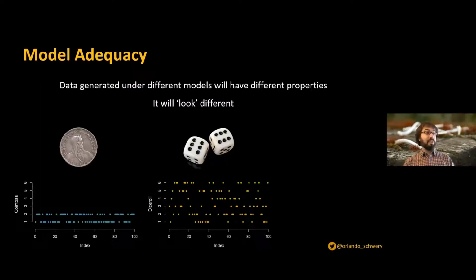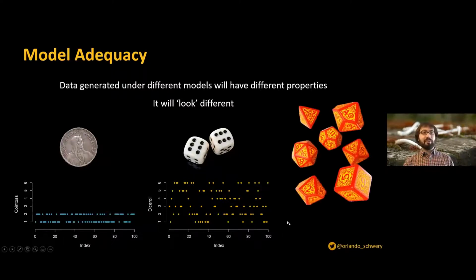But if we look at the data, we can see that the coin toss data is pretty much 1 or 2, and the dice roll will be between 1 and 6, so the data looks different. So even if we break out our fancy dice, the dice will never properly create data that looks like coin toss data. So 6-sided dice would be a bad model for coin toss data.